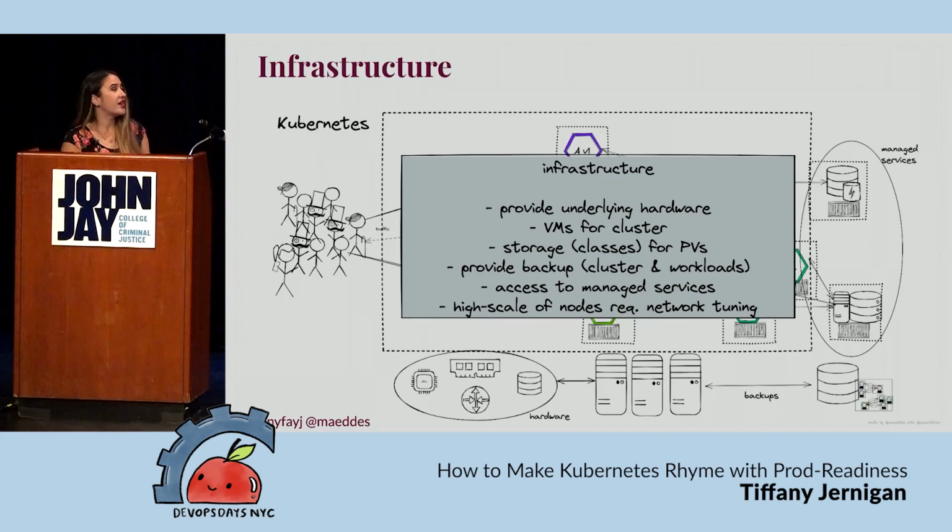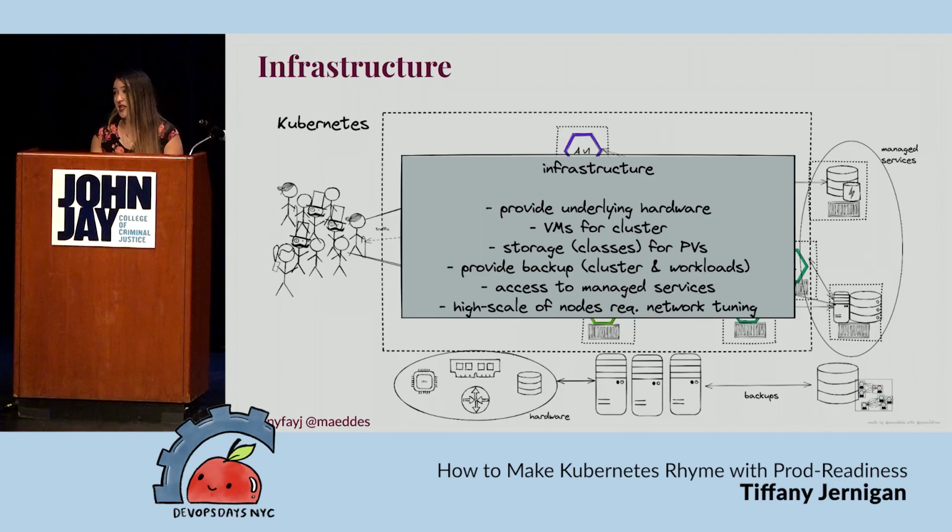Okay, so this is a little overview of the different things there. We have the underlying hardware that you need. For storage, for instance, the Kubernetes API has API objects for storage. For example, there's things like persistent volume claims and persistent volumes.